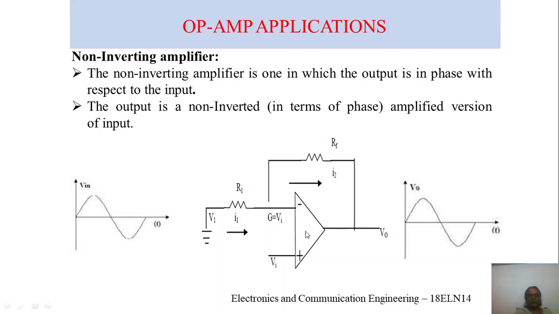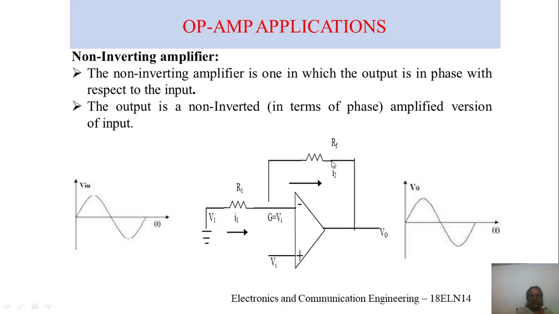This results in the output signal being in phase with the input signal. Okay, what the feedback resistor RF does is that a small part of the output voltage signal is applied back to the inverting terminal, through this feedback resistor RF.